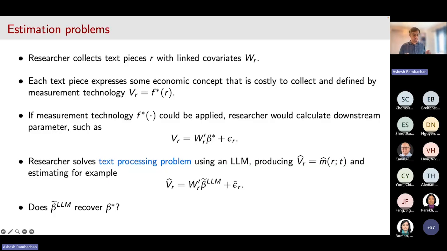Now when we're thinking about applications with text, where the text is every financial news headline in the United States for the last 30 years, every bill that was before Congress over the last 80 years, what is the right sense in which we should be thinking about what is the population we're interested in studying and how does the sample we have relate to it? That's going to be an idea that will arise both when I talk about estimation problems and prediction problems later on. But let's come back to that.